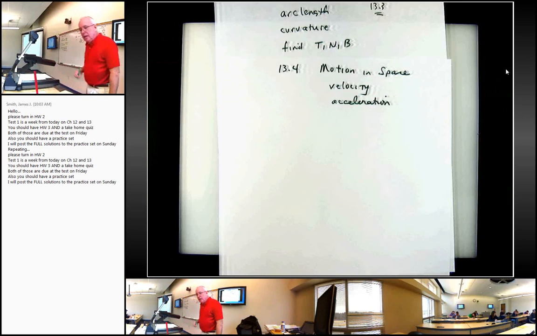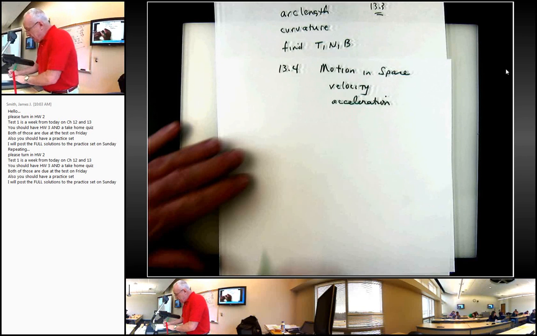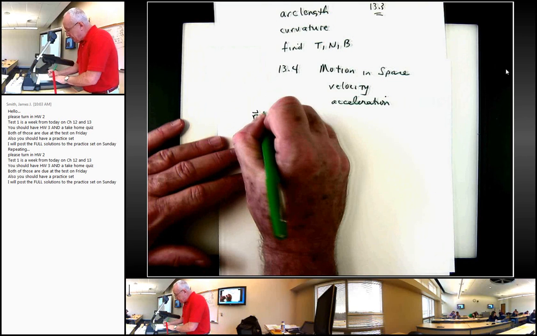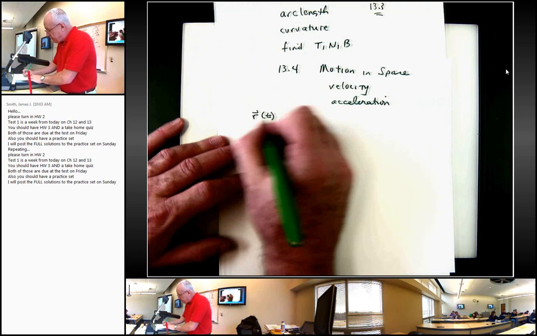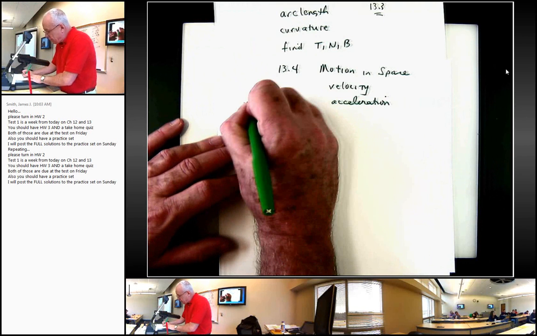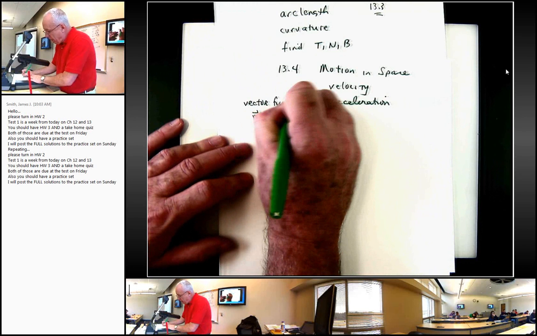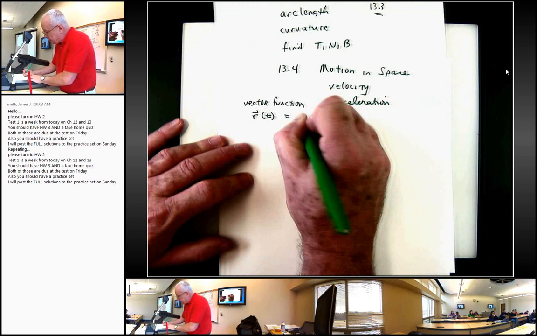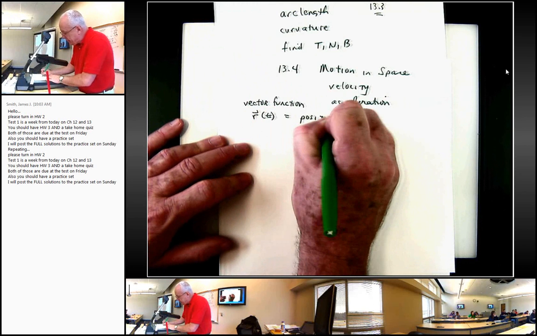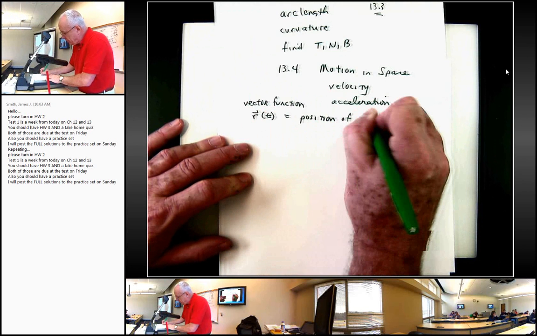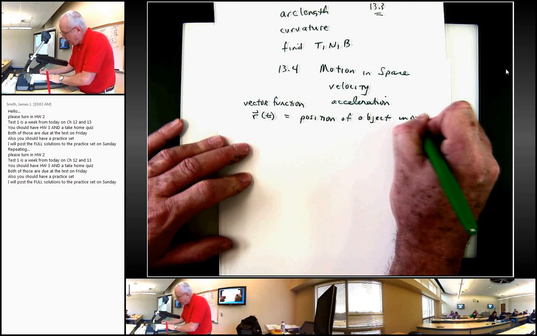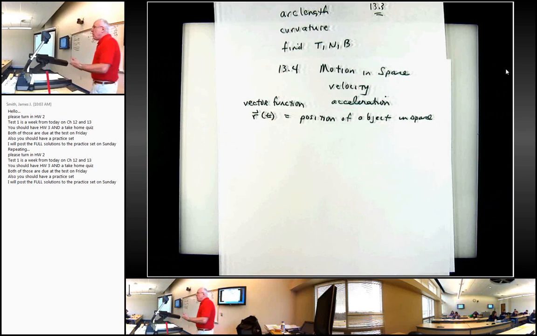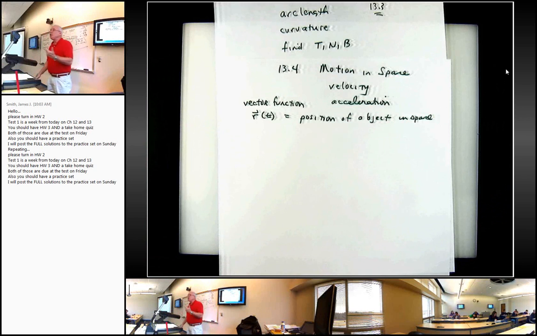All right. Now, what we're given here with all of these is a position of the object. This r of t is our vector function. This is the position of the object in space, in 3 dimensions. Now, we all know that velocity is change of position over change in time.